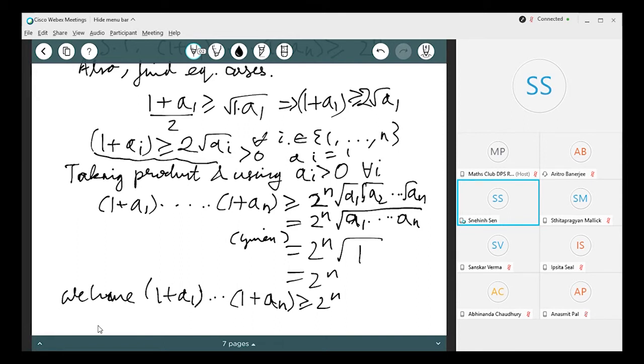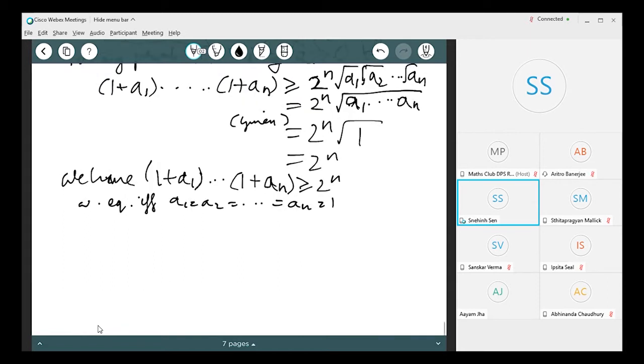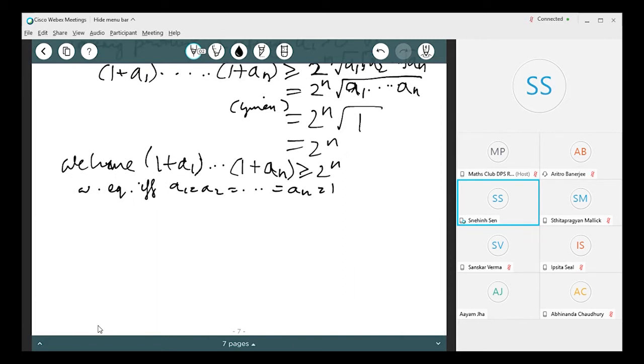So all of these must be 1, and that's the only case. Equality holds if and only if a1 = a2 = ... = an = 1. Okay, so this was a good example.